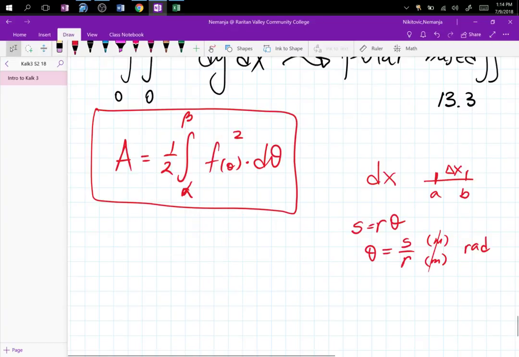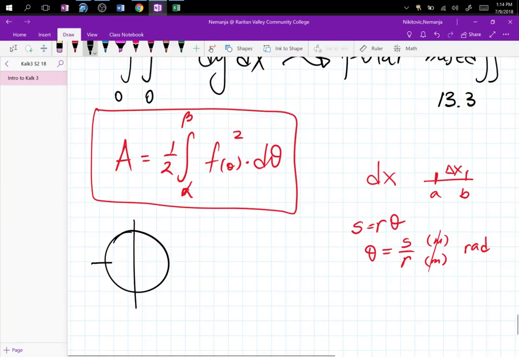So now, if I have a circle with a radius 3, we can calculate its area by 1/2 integral from 0 to 2 pi because I want the entire circle, of r equals f of theta, right? We know that, hopefully. So 3 squared d theta.